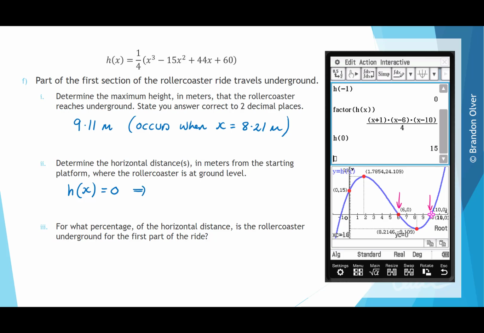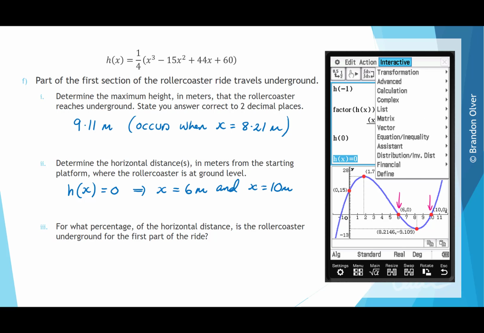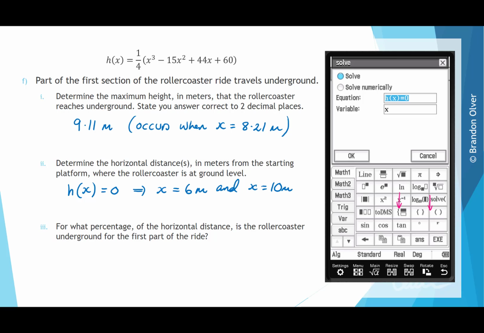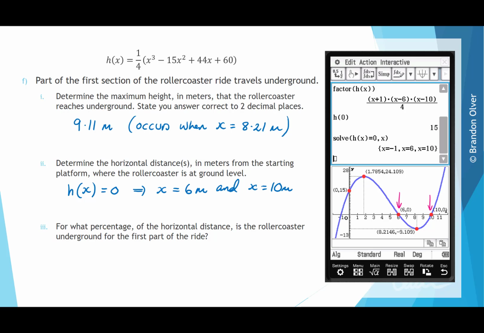And again, that gives x equals 6 meters and x equals 10 meters horizontally from the starting platform. However, we can also use the algebraic solver in the main menu to solve h of x is equal to 0, and we can highlight that and go interactive equation inequality solve for x. So that gives x is 6 and x is 10 as the 2 points where it's at ground level during the first part of this roller coaster ride.